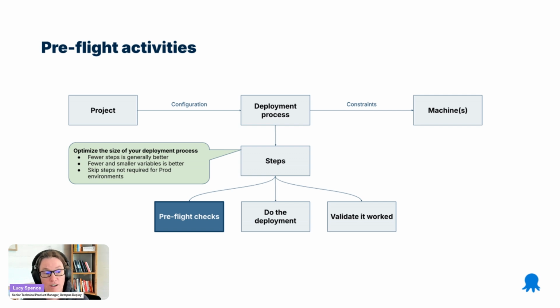We do have people go over 100 steps, but these typically take a long time, and it's a lot more resource intensive having to pass things back and forth between various steps within the deployment process. Okay, so that's general advice on deployment processes.